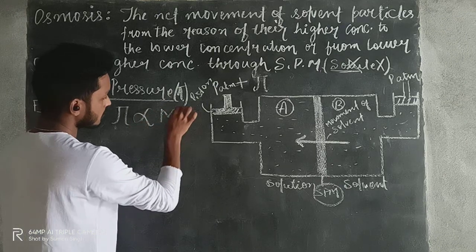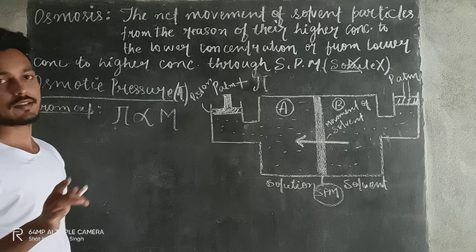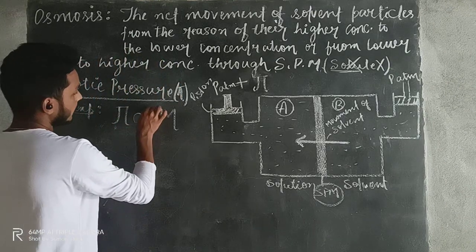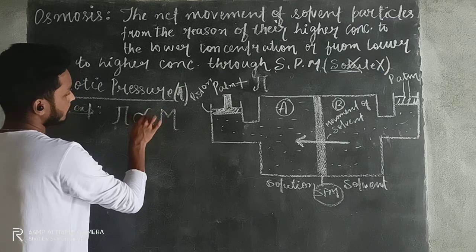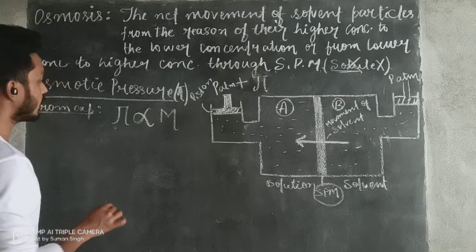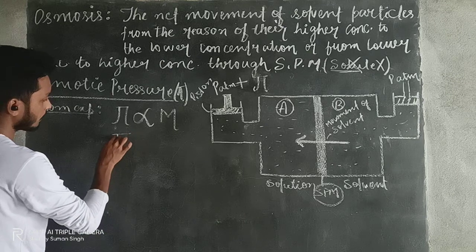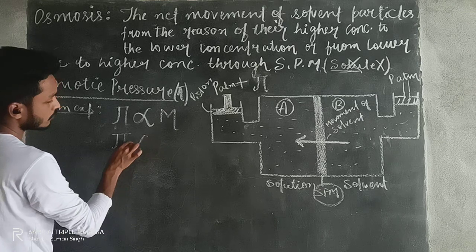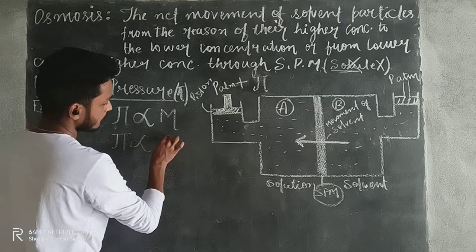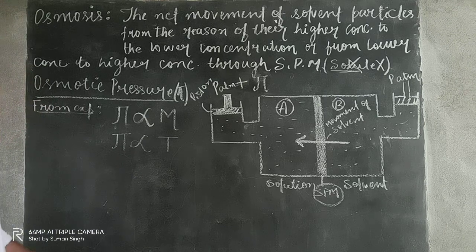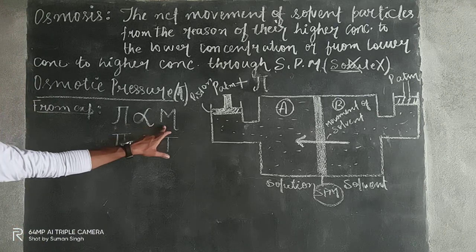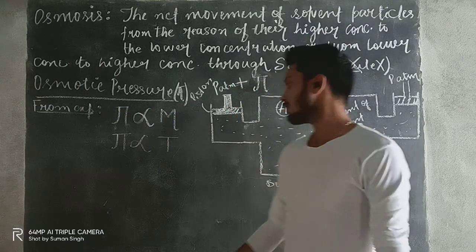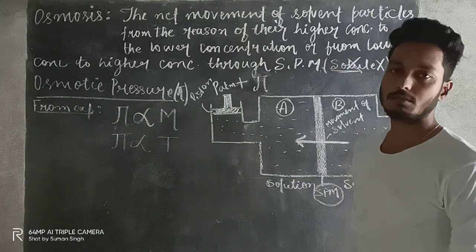As I have told you in the first lecture only, molality and mole fraction concepts we will use here. So we have seen that this osmotic pressure pi is directly proportional to molarity, as well as this osmotic pressure pi is directly proportional to temperature also, right?